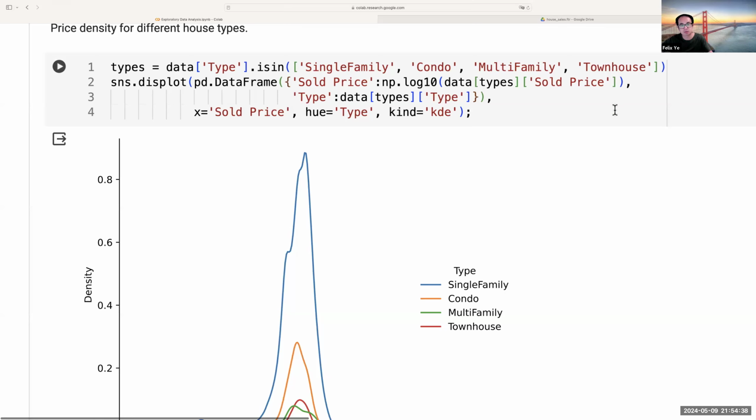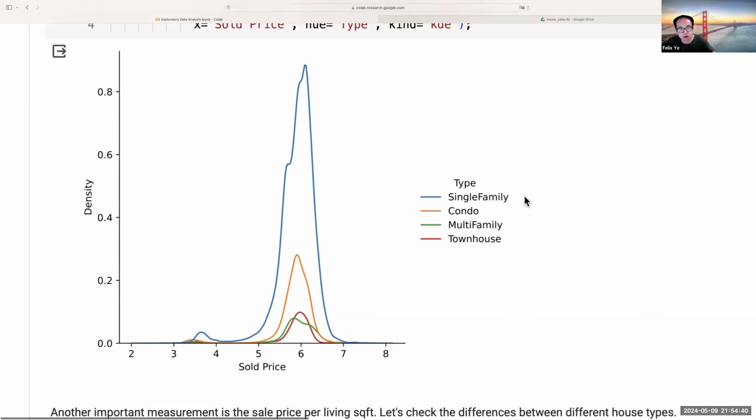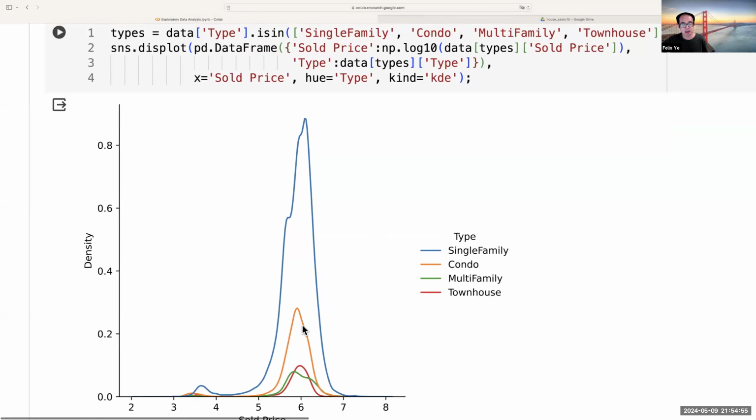And in fact, if you take the logarithm, you can see townhouses are perfectly lined up with a Gaussian. Same with the condos, it looks like a single peak of the Gaussian. You can see most of the data is concentrated in single family. There are a couple of condos, a couple of townhouses and multifamily.